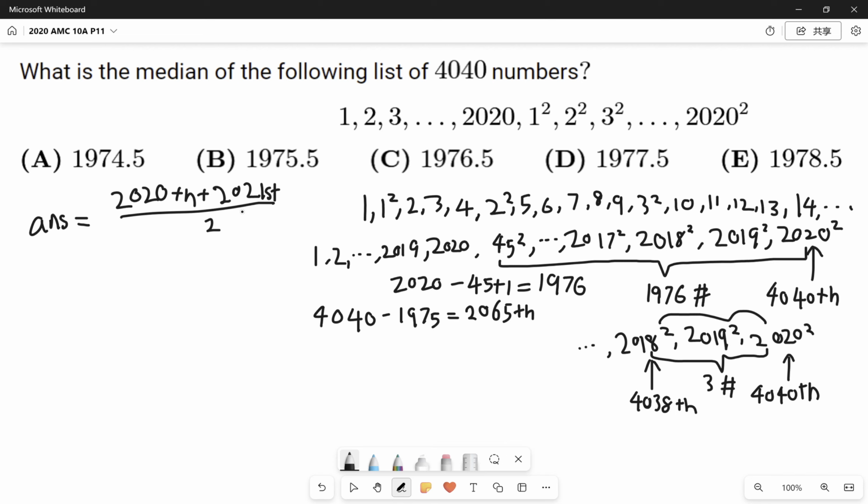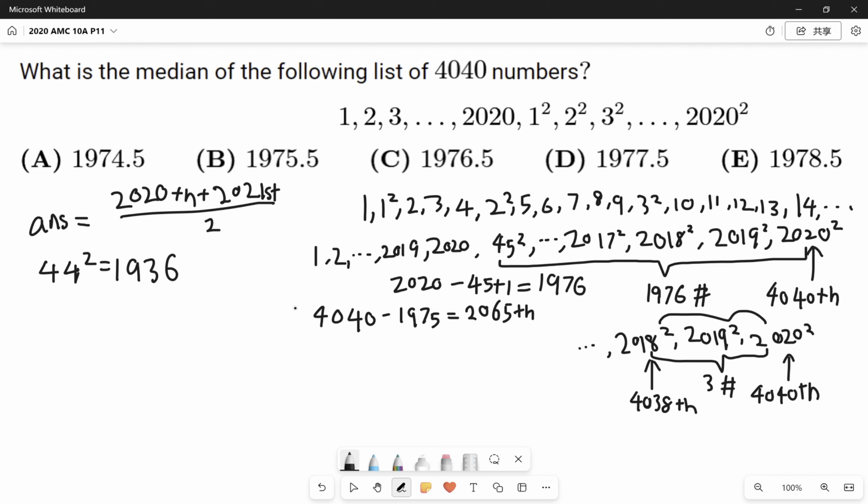So you can actually write this out if you're really, really stuck. But right now we don't want to, because we still have time, and we want to show off our math skills. So there are obviously still 44 more square numbers. Where is 44 squared placed? 44 squared is 1936, meaning that it's placed after or before 1936 in the sequence of 1 to 2020.